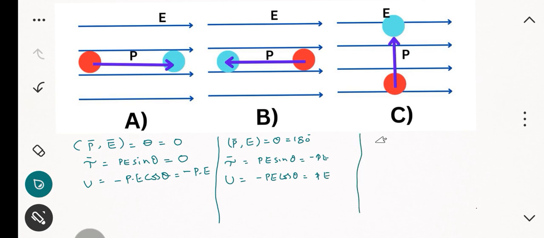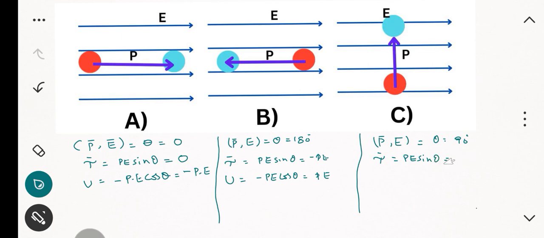And finally, the angle between P bar and E bar is equal to 90 degrees. In this case, tau bar is equal to PE sin theta.